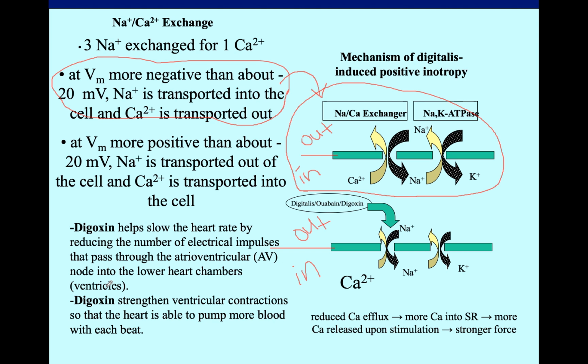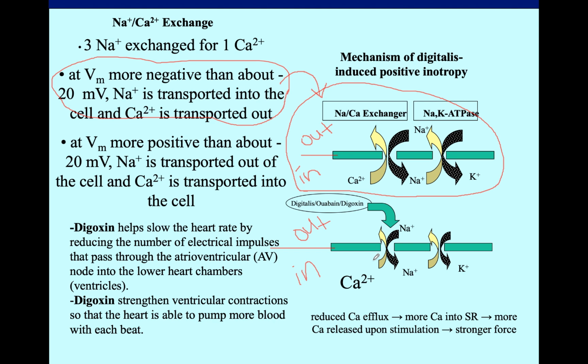The second function, the one where you're strengthening the contractions, so you're strengthening the contractility of the heart, is the mechanism that correlates to this transporter's function. Now remember, the more myosin heads that bind to actin, the stronger the muscle contraction is going to be.